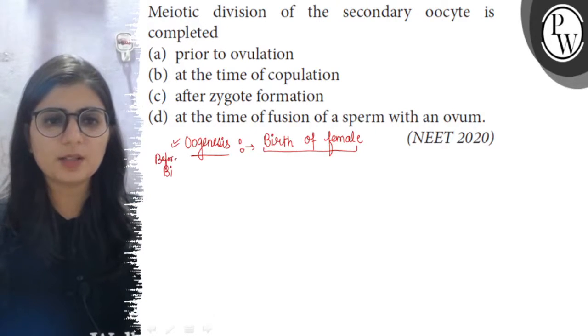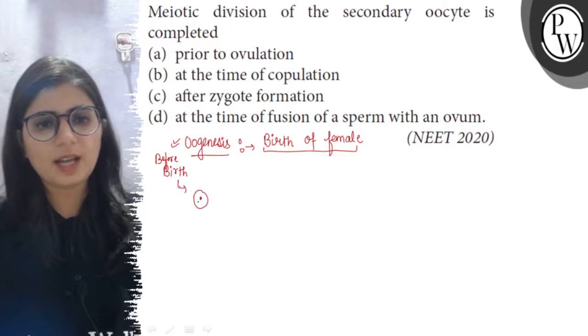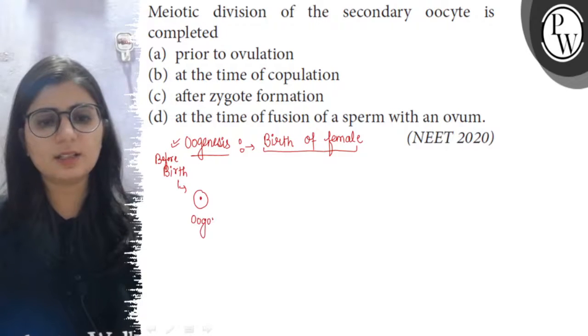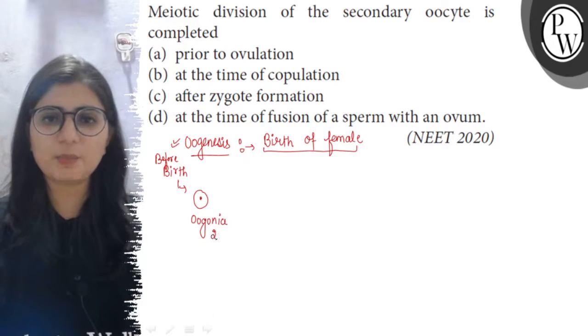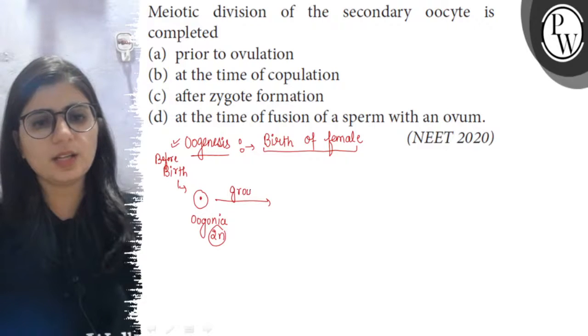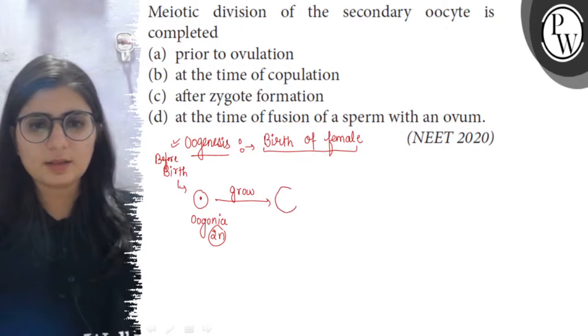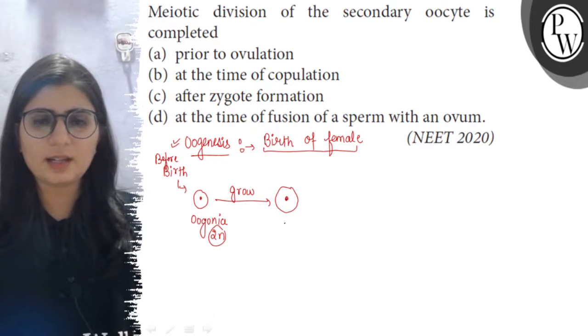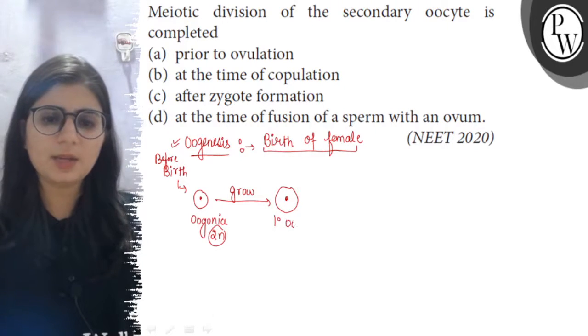Before birth, there are oogonia, or egg mother cells, inside the ovary of the female. These are diploid cells. The oogonia grow in size, and after their growth, they get converted into the primary oocyte.